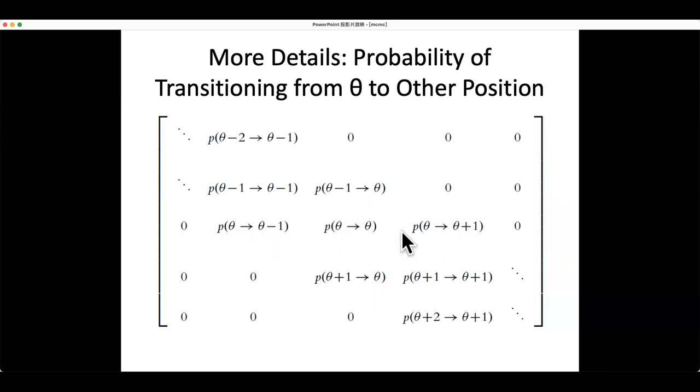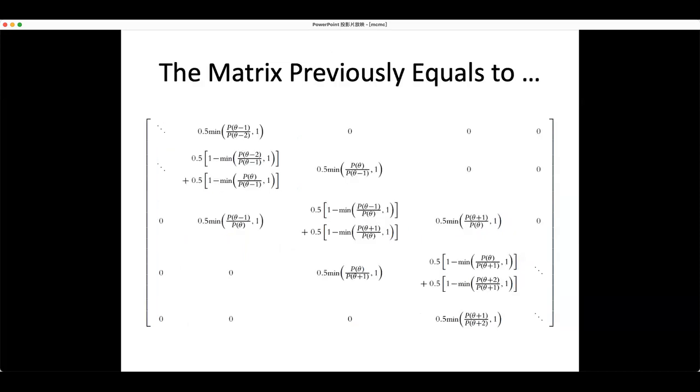I should say each row represents the transition from P of theta to P of theta minus 1, or from P of theta to P of theta, or from P of theta to theta plus 1. You can write it like this. So then, if you put the formula that we use in this example into this matrix, it will look something like this.